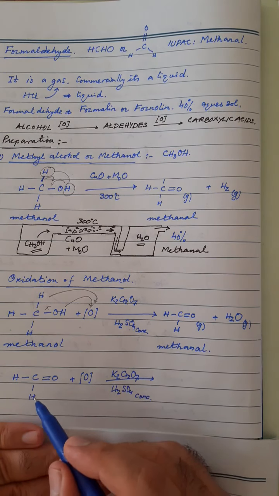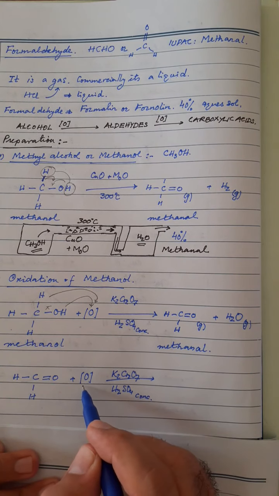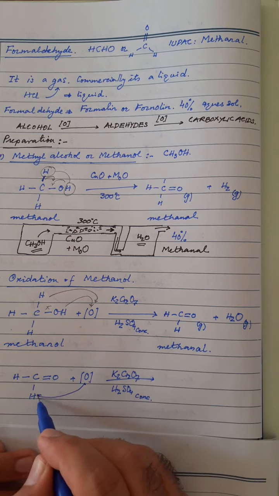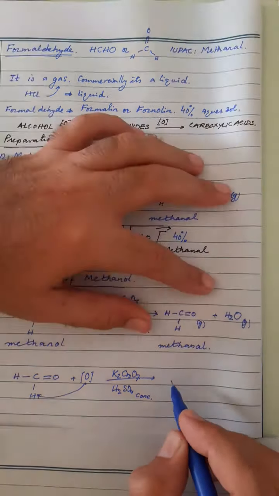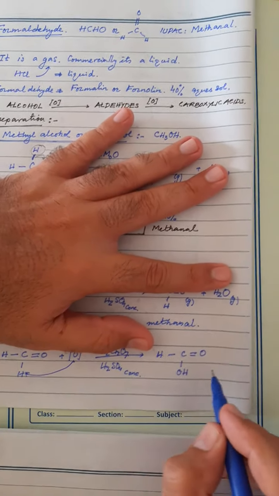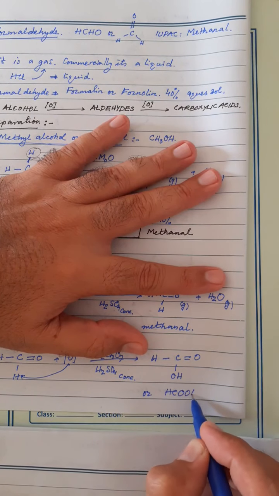The pi bond will stay, but the oxygen will bond with the hydrogen here. The carbon basically has a C double bond O and then OH. This is more commonly written as HC double bond OH.